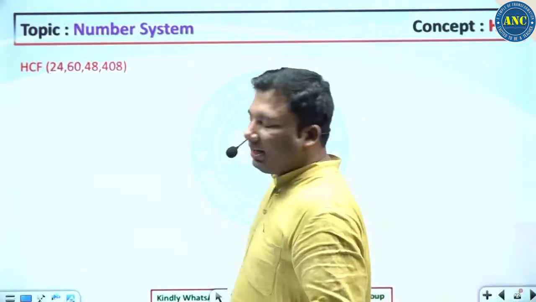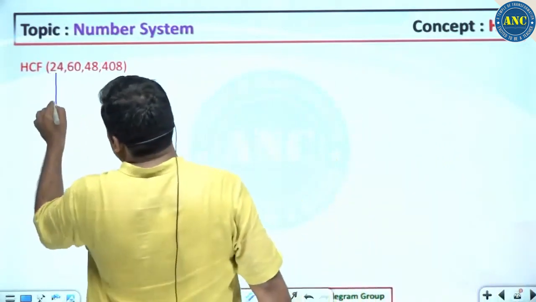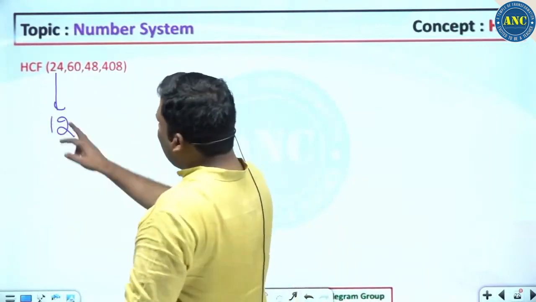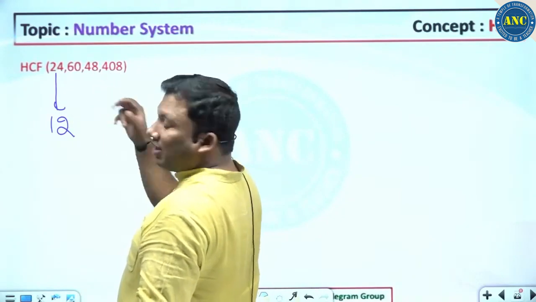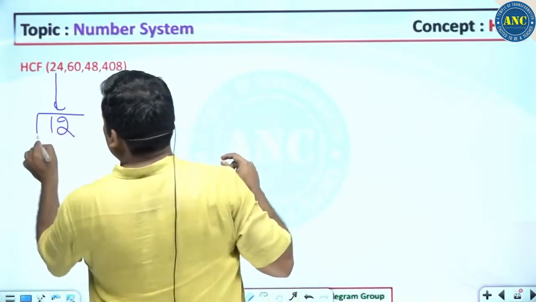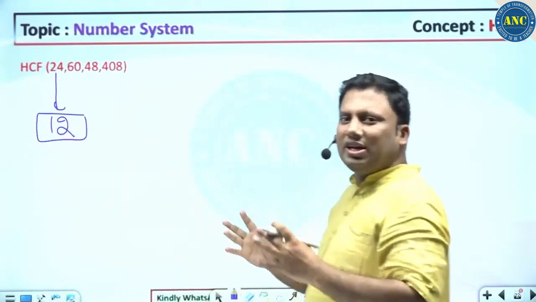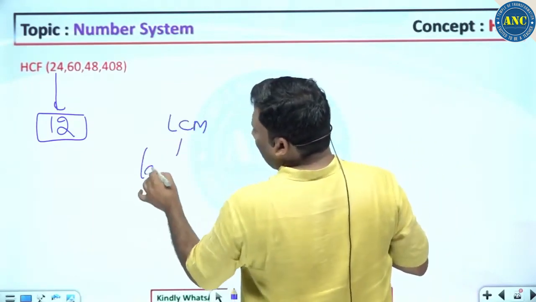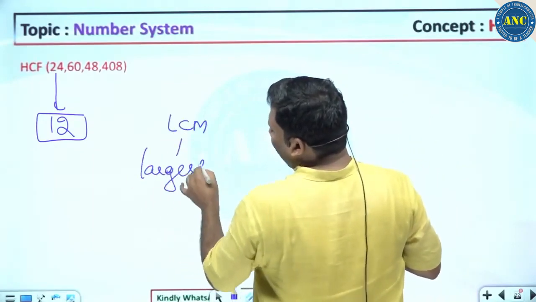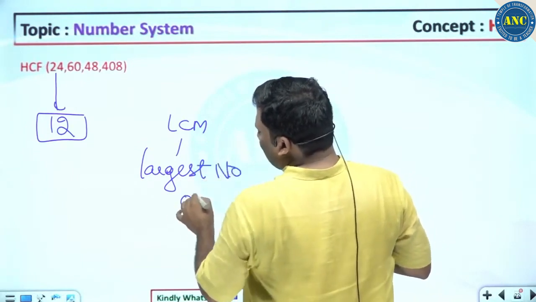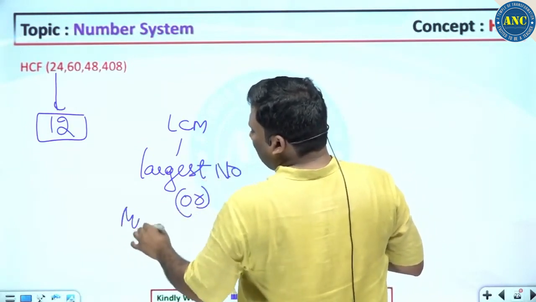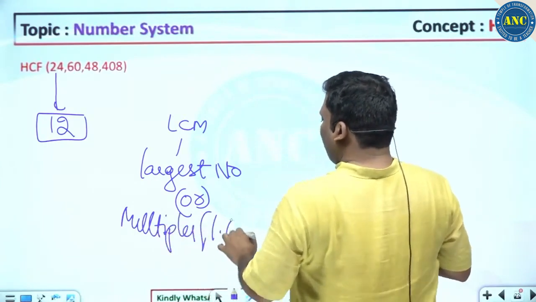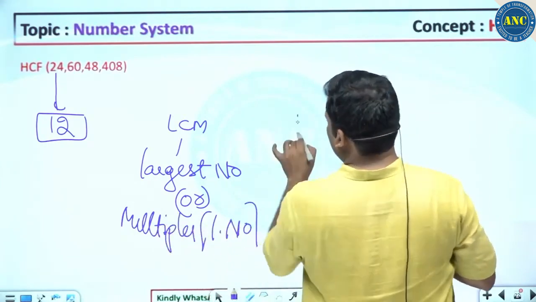24, 60, 48, 408. 24 will not divide. Factor of 24, 12. 12 5s are 60, 12 4s are 48, 12 3s are 36. Yes, the answer is 12. Such an easy concept. LCM means the largest number or the multiples of the largest number.